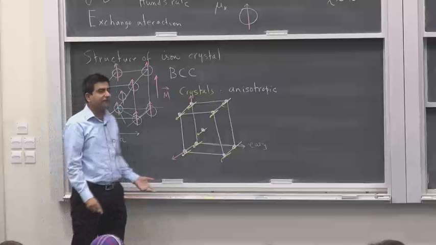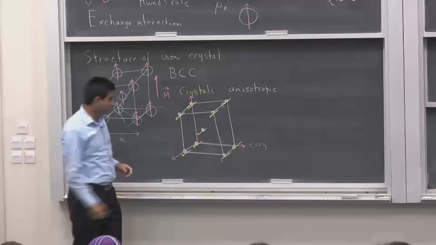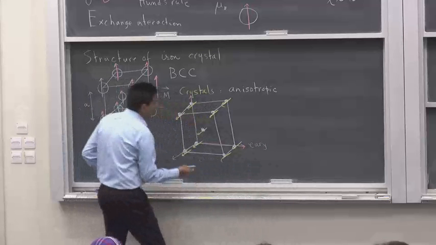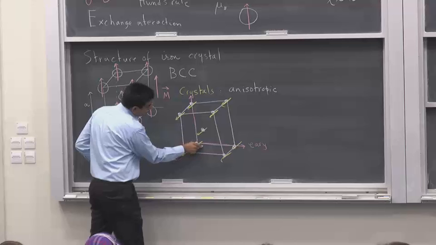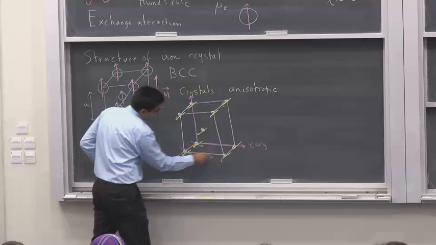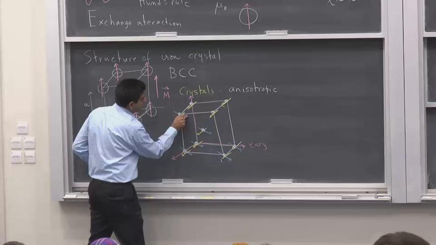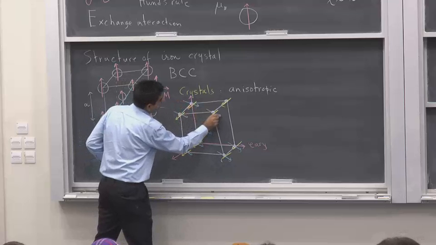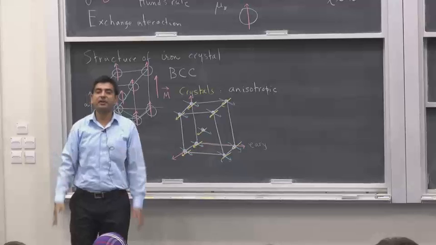However, if the magnetization points in any other direction, suppose it points along the face diagonal, so if the magnetizations are pointing along face diagonals like this, then the energy of the system is going to be larger.